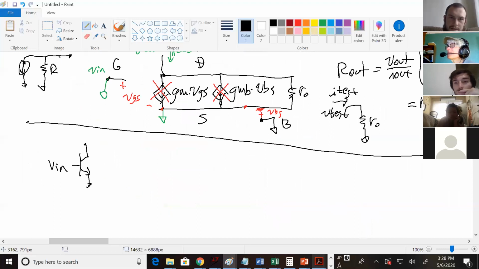Yes. What kind of amplifier? Transconductance. Yes. So this is also an I out. What's its R out? Or perceived resistance or small signal resistance? RO.